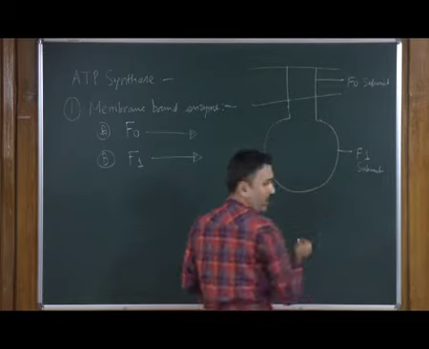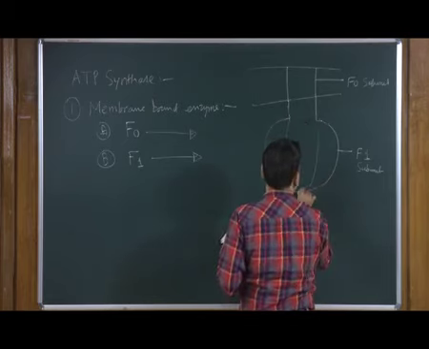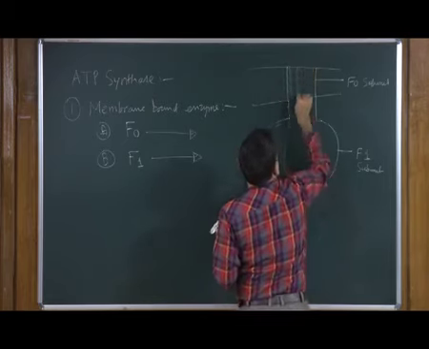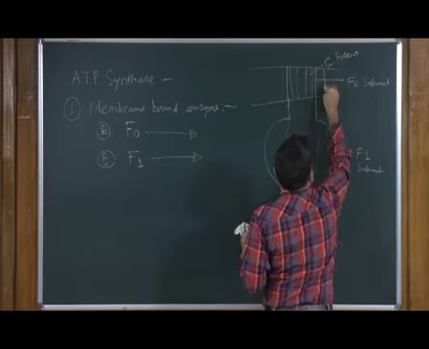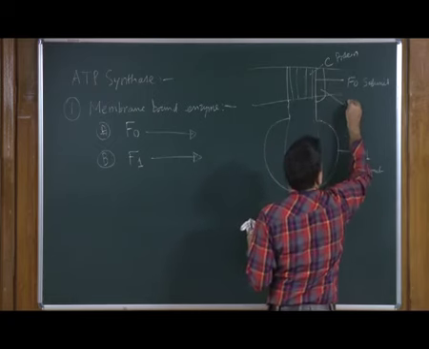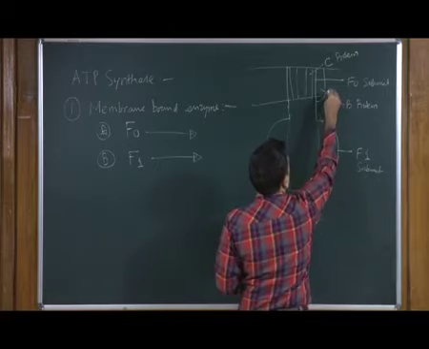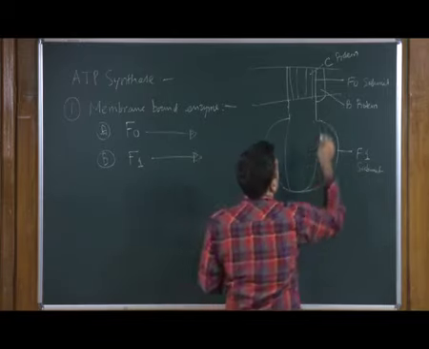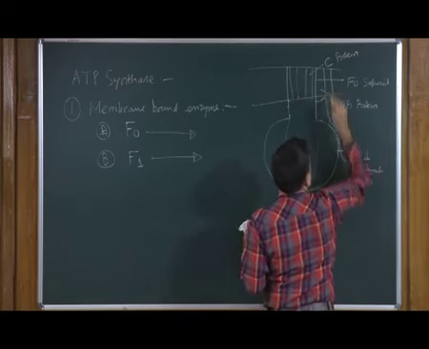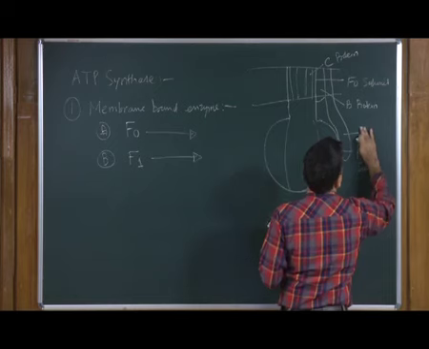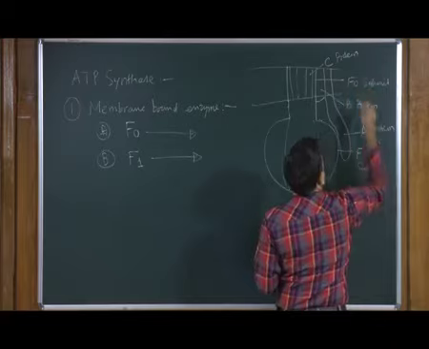And within this ball what you have is, this is the C protein, then you have B and this is called A of FO subunit.